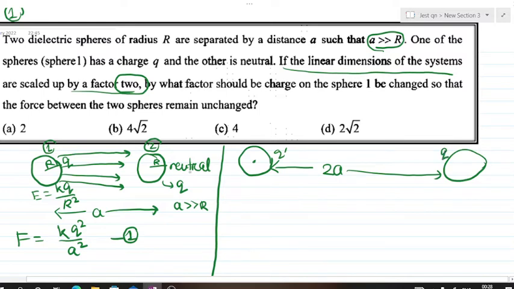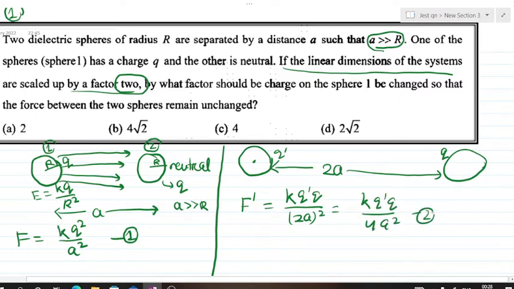So the force between the two spheres will now be F dash equal to k q dash q divided by 2a square, that is k q dash q by 4a square. This is equation 2.